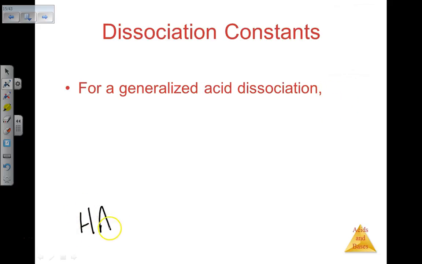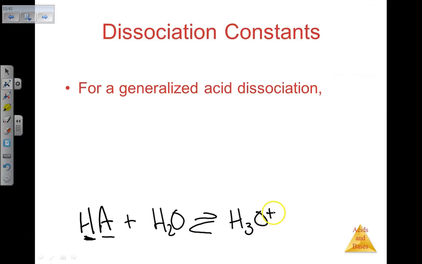A general reaction is one where we start with HA. A is the acid, and H is the proton that is out in front, the ionizable proton, okay? When an acid reacts with water, H2O, it's in equilibrium with H3O+ and then A minus.